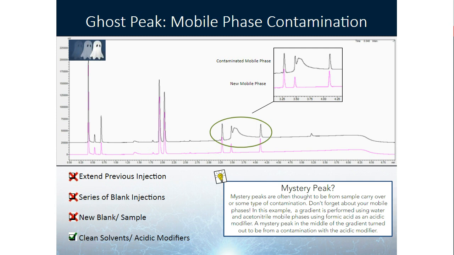We prepped up a brand new sample, we still saw this artifact peak. And I then made some fresh acetonitrile and water and used the stock that we have of formic acid, and we still saw it. What I did is I actually used brand new formic acid, and we found out that it's actually from the acidic modifier. So keep this in mind too when you're prepping up new mobile phases. It may even be from your stock, in this case, acidic modifiers.